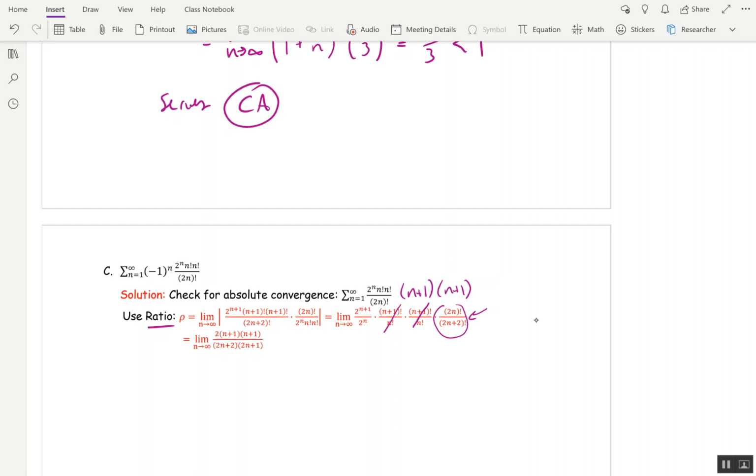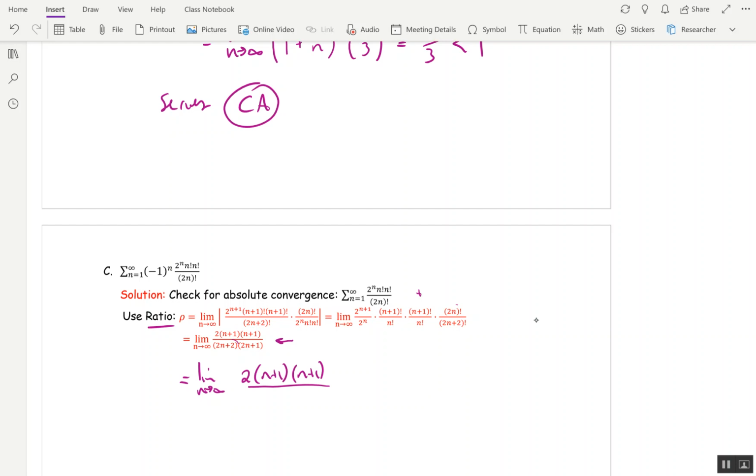All right, so let me erase all this stuff. So I'm right here. One thing I could do, this is infinity over infinity, I could multiply everything out and then divide top and bottom by n squared, but I can see a quicker way. This is the limit as n goes to infinity. Pull a 2 out of the denominator. Leave the numerator alone.